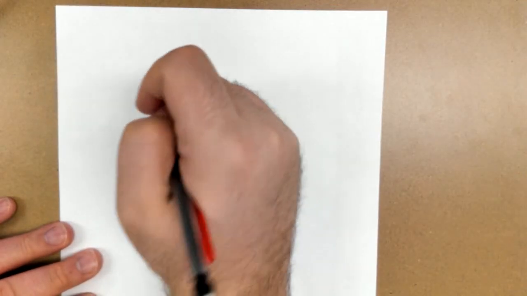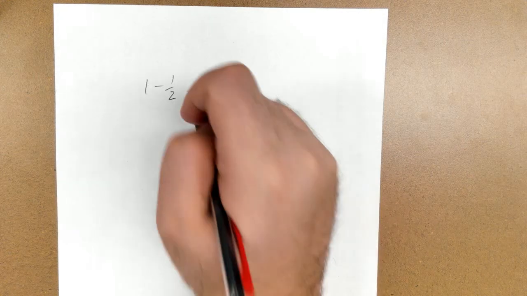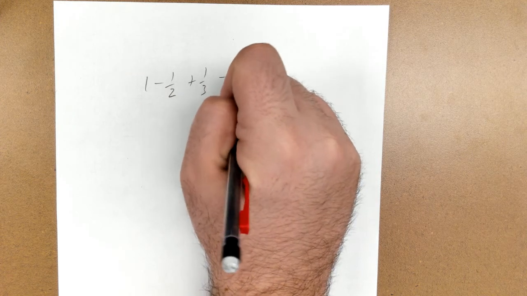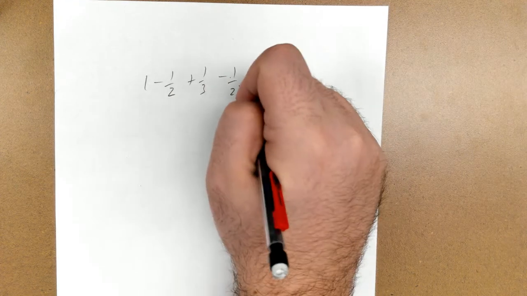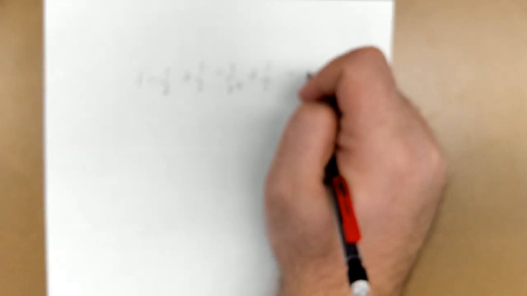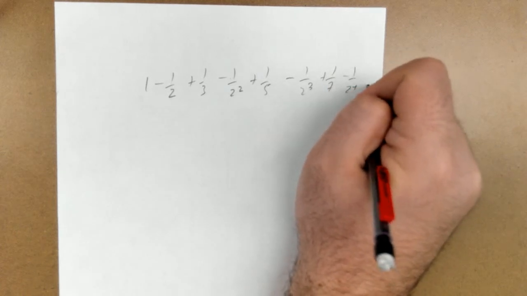Okay, number 11 is a really interesting example of a specific series. This is show it diverges, and why does it not contradict the alternating series test? So 1 minus a half plus a third minus 1 over 2 squared plus 1/5 minus 1 over 2 cubed plus 1/7 minus 1 over 2 to the 4th.